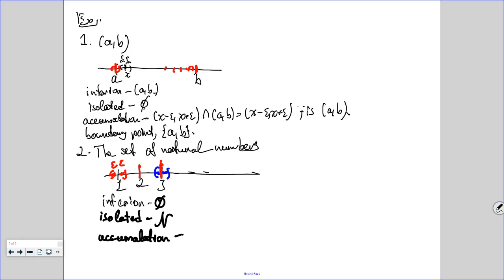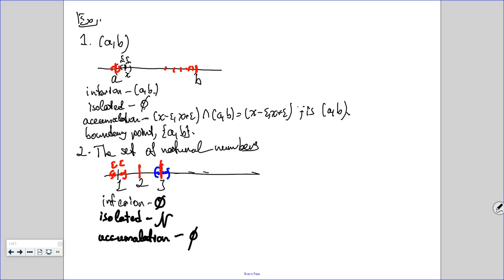Accumulation points. Remember the definition: an accumulation point says that if we take a neighborhood and intersect it with A, then the intersection should contain infinitely many points. But if we take a neighborhood and intersect, we get 1 point.